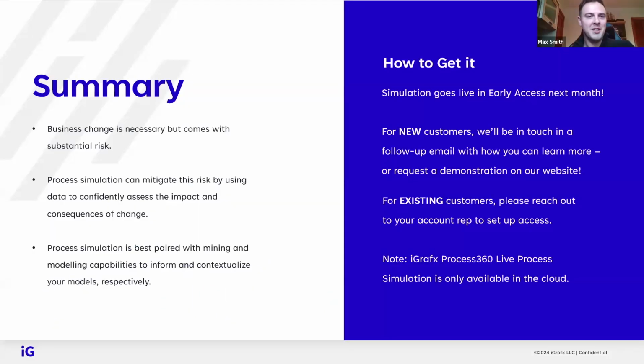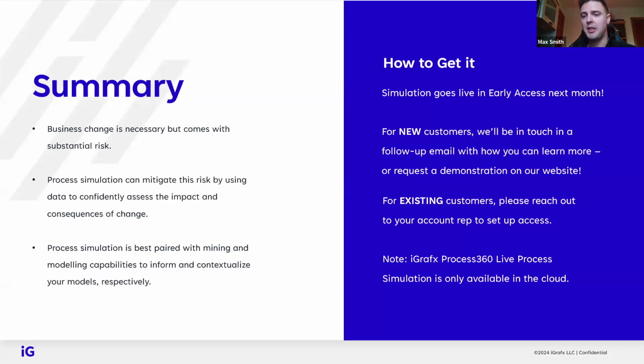Perfect. Awesome. So in summary for today, although I think Samuel did a pretty good job of summarizing there at the end of the demo, we understand that business change is necessary, but it comes with substantial risk. That's why we created simulation. And simulation can help mitigate that risk by using data from process mining, data that exists in the systems, to be able to build a baseline and then have confidence in quantifying and measuring the impact that it's going to have so that you can, again, de-risk those changes that you're planning to make.